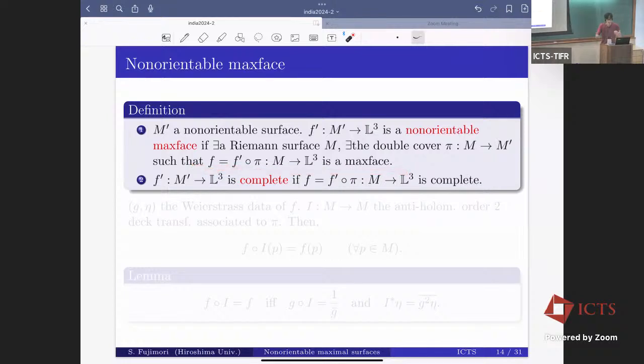So if we can take a double cover so that the double cover is a max face, then we can say this is a non-orientable max face. And also, completeness is defined this way: F prime is complete if this double cover is complete.